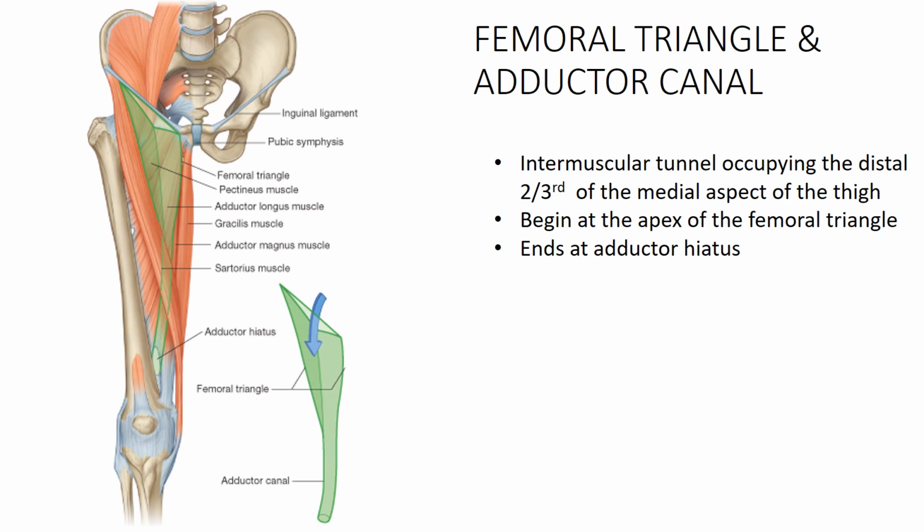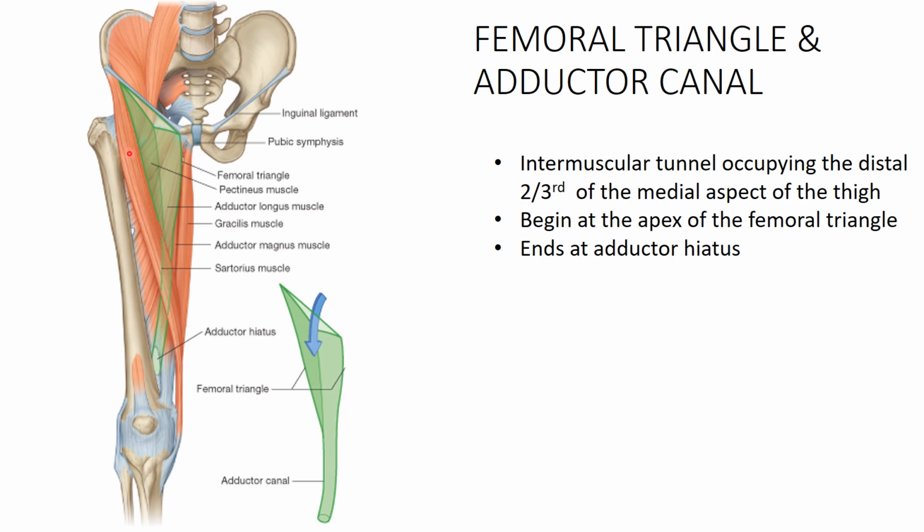Now there is one relevant topic which is related to the femoral triangle. There is this continuity of the apex of the triangle. From the apex of the triangle, there is this intermuscular tunnel occupying the distal 2/3 of the medial aspect of the thigh, and this is known as the adductor canal.